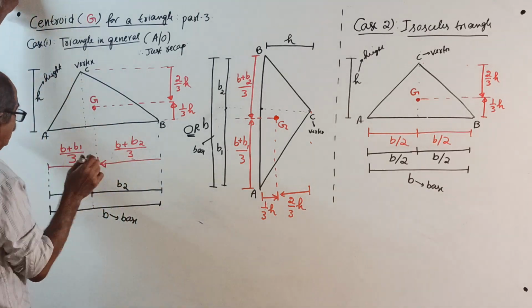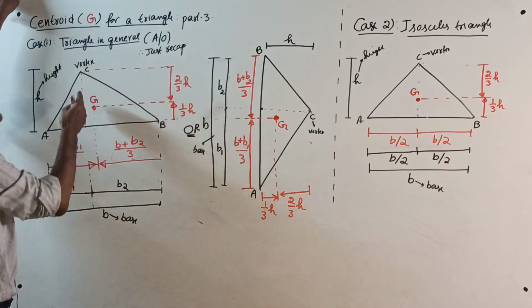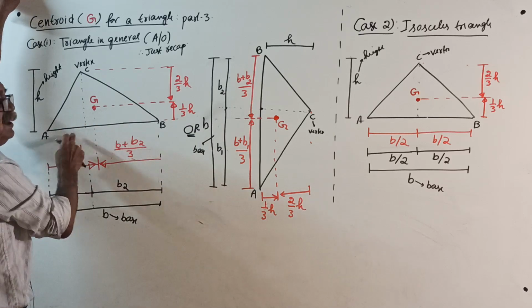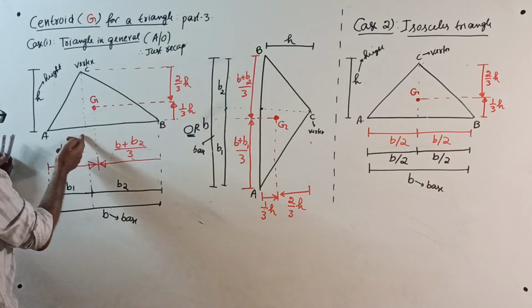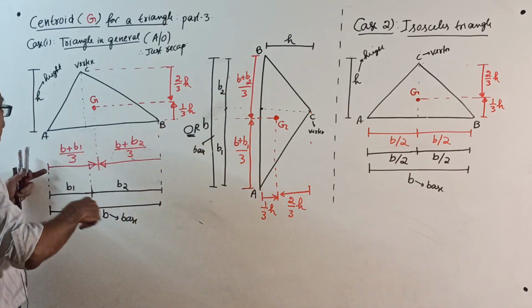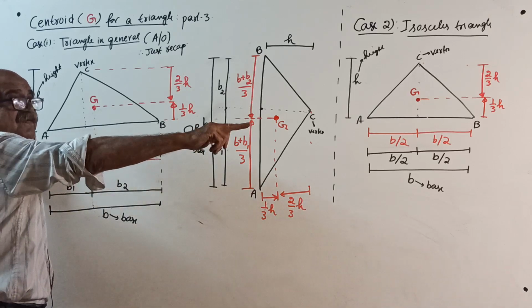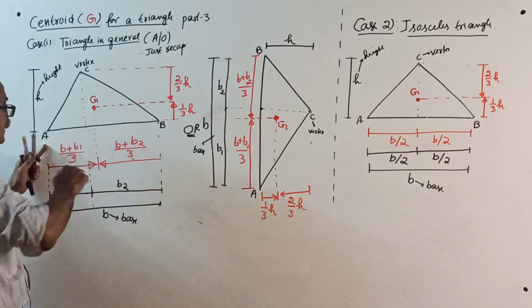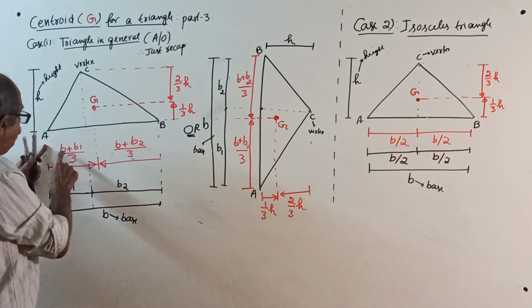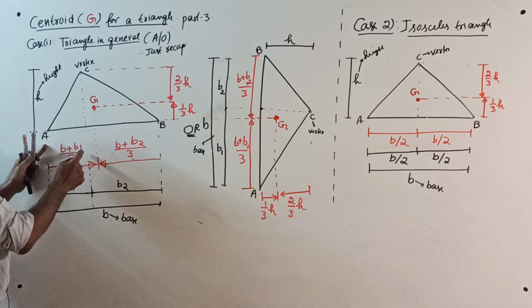Remember one thing: along the base, if you drop a perpendicular from the vertex, the base divides into 2 parts, one side B1, one side B2. So the centroid along the base, if you measure from this side, is full base B plus this side distance B1 divided by 3.